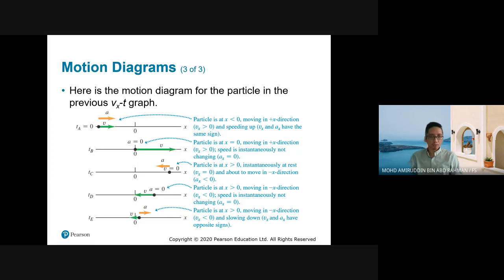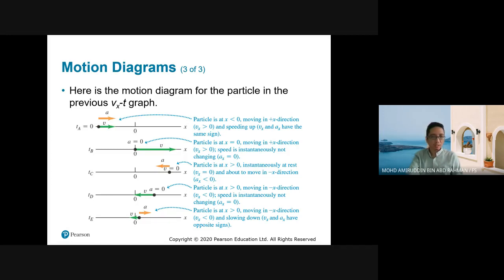And then we move more, so we have point C. Now the velocity is 0 because you have the flat slope, where the slope is 0, so the velocity is 0.